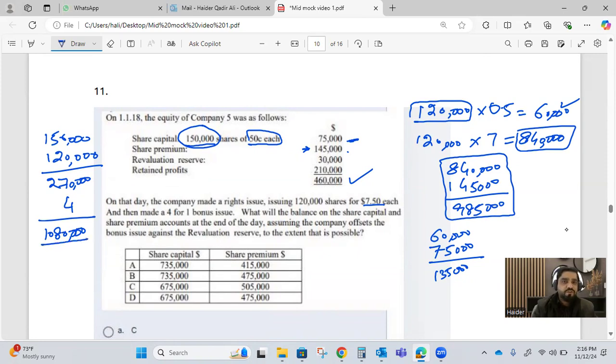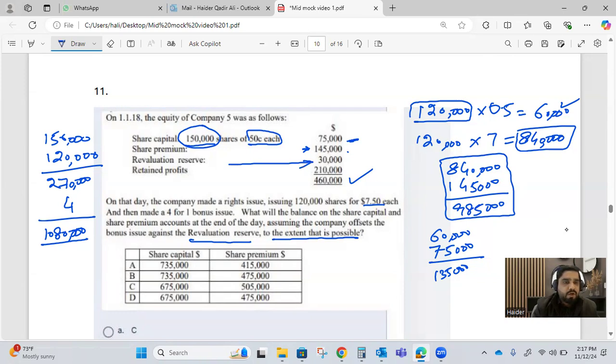Now the question is how these bonus shares will be accounted for and from where we will take the money. If you look into the question statement, the company offsets the bonus issue against the revaluation reserve to the extent that is possible. Okay, here we go. We have a revaluation reserve of only $30,000.